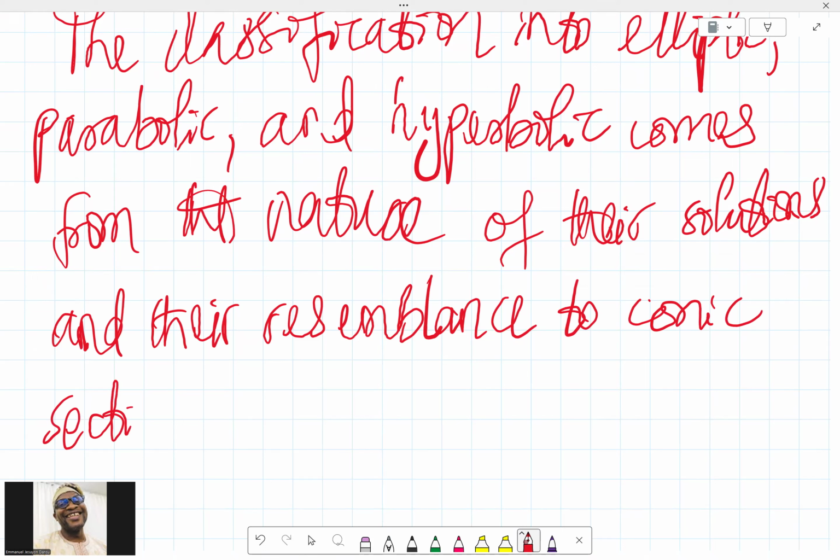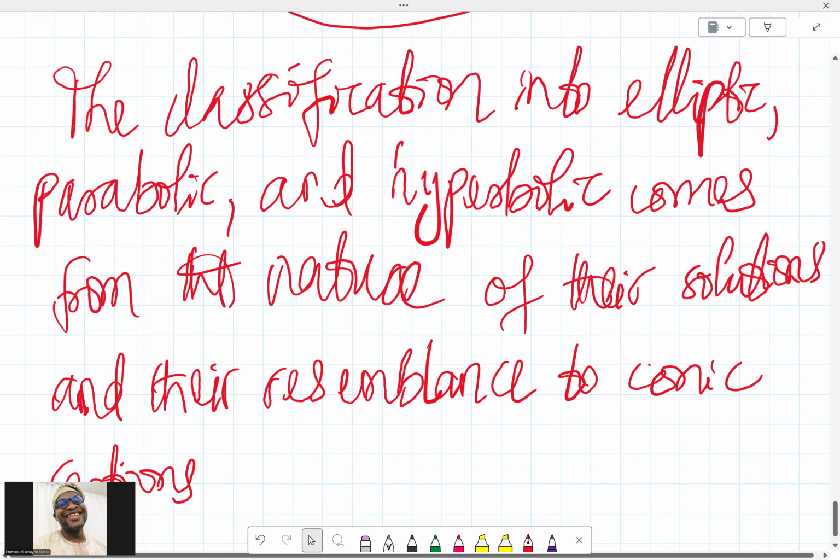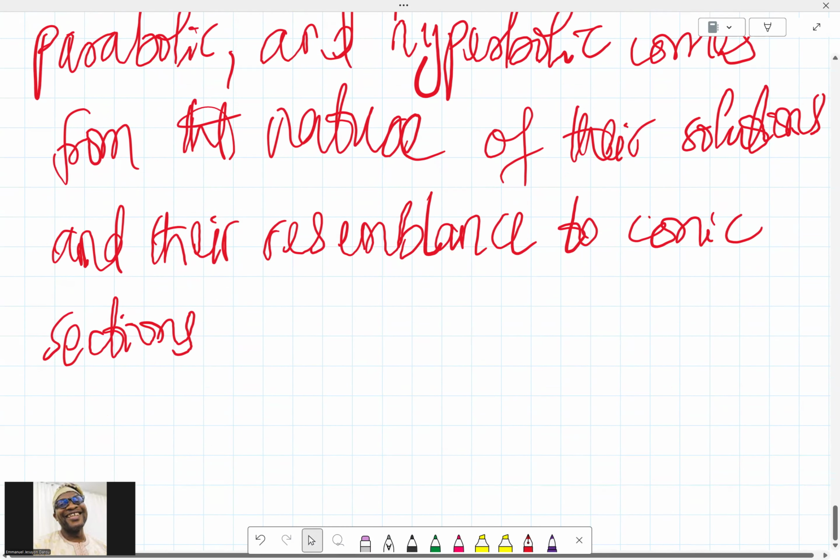I've not done geometry so far. Maybe we'll get to talk about that along the line. So conic sections talk about ellipses, parabolas, and hyperbolas. Okay, and so the solutions to these partial differential equations resemble these conic sections. All right, and that's why we can say they are elliptic, parabolic, or hyperbolic, and their resemblance to conic sections.